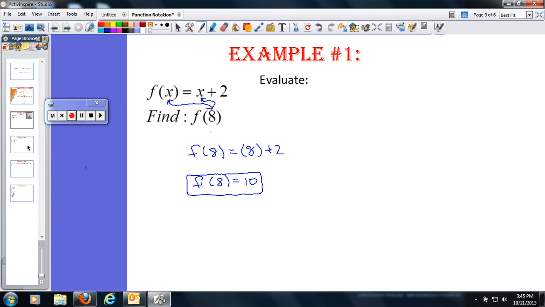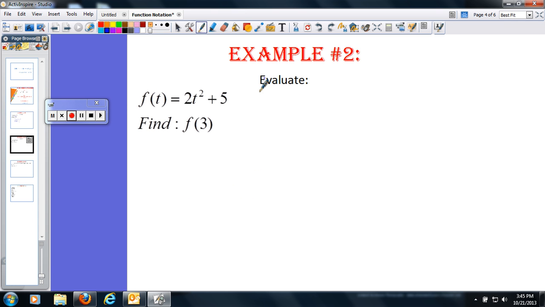All right, so let's go ahead and look at another one. And we're going to evaluate. So you have the function f in terms of t. All right, the function itself is 2t squared plus 5, and that's why the t is here. So now I'm asking you to find f of 3. So that's going to be 2 times 3 squared plus 5.